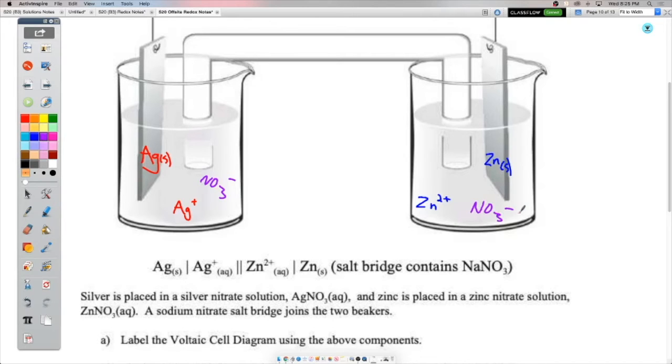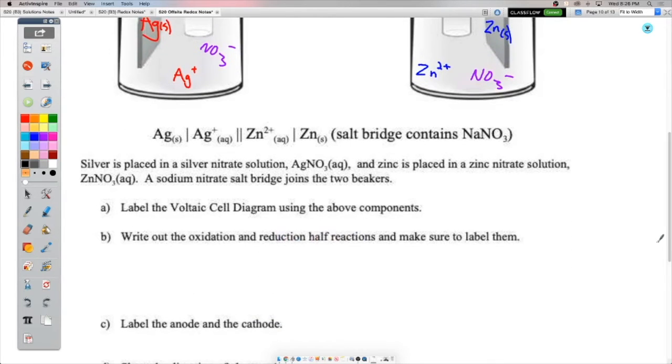The salt bridge contains sodium nitrate. So a sodium nitrate salt bridge joins the two beakers. So in here we have our salt, we have our sodium nitrate, NaNO3. Is it table salt? No, but salt is a more general term than we use it in our day-to-day life. Okay, now it asks, that's done. Good, we labeled it.